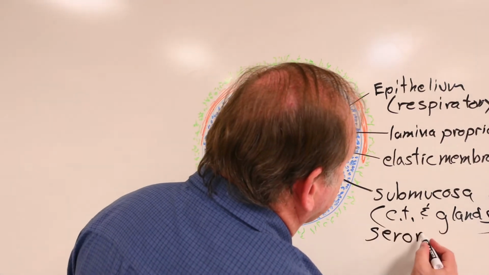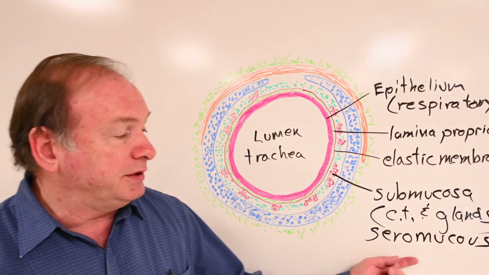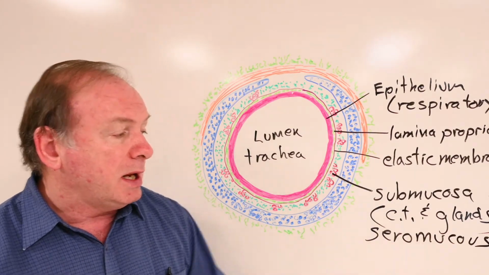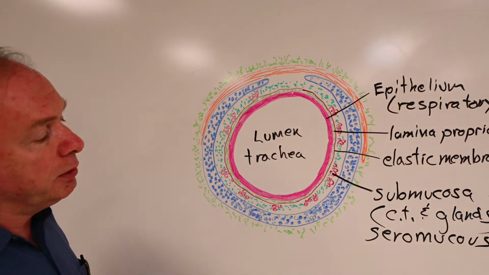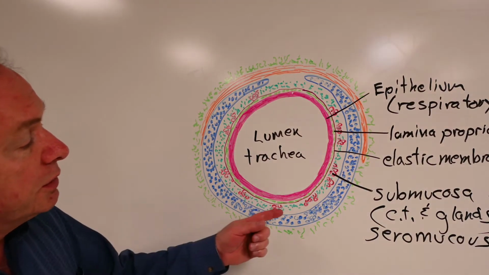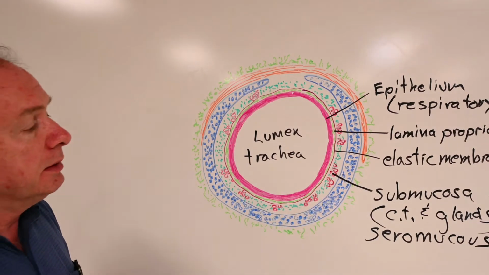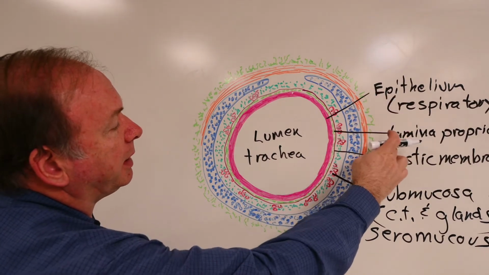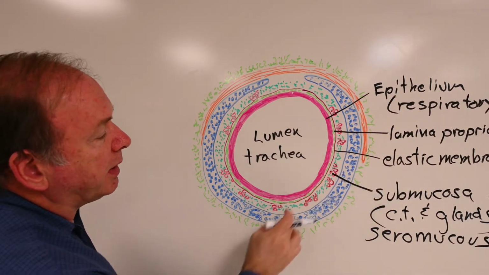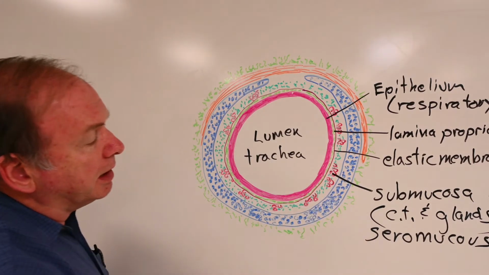Seromucous, because they have both a serous or watery component and a thicker mucus component. Seromucous glands and connective tissues make up that next layer, the submucosal layer. So we have the mucosa made of epithelium, lamina propria, and elastic membrane. We have a submucosa that has connective tissue and seromucous glands mixed together.